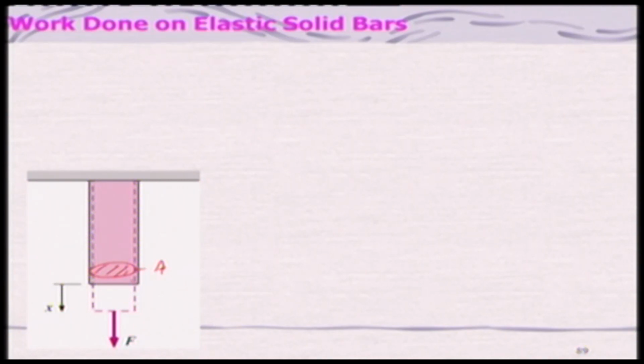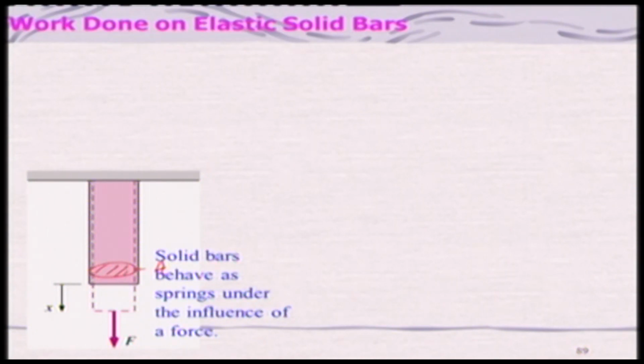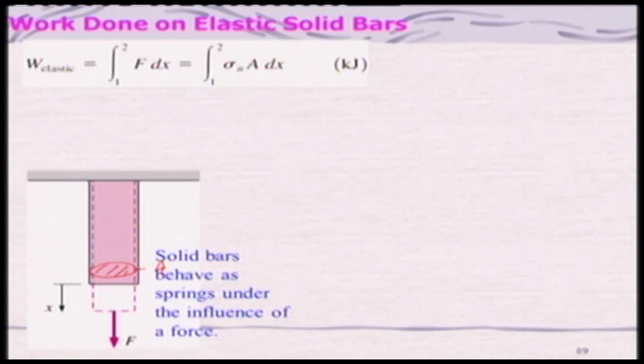And this is a reversible process. One can also think of the solid bar as behaving like a spring whenever the force is applied within the elastic range. Of course, in the plastic range, it cannot be. So the work done is basically the force into the displacement. If the displacement is dx, this is nothing but F dx.